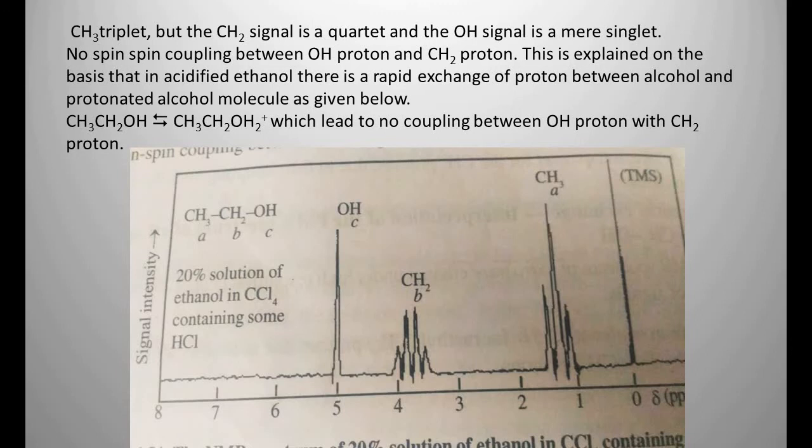This is explained on the basis that in the acidified ethanol, there is a rapid exchange of protons between alcohol and protonated alcohol molecules, given below: CH3CH2OH giving CH3CH2OH2 plus, which leads to no coupling between the OH proton and the CH2 proton. So there is no chance for a free proton to be there due to this exchange, and the CH2 proton is not spin coupled with the OH proton, therefore the splitting is reduced.